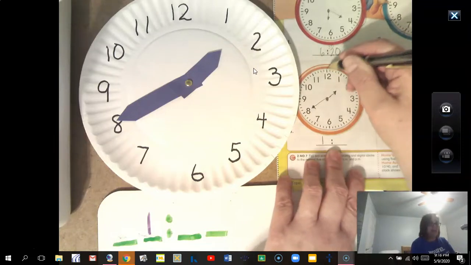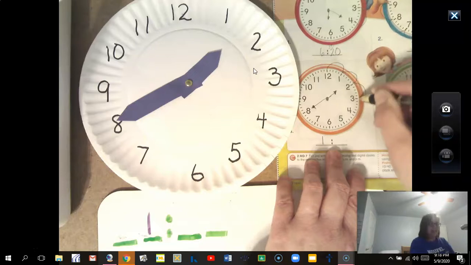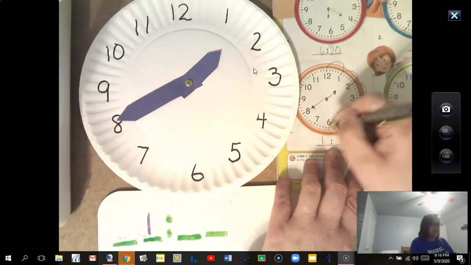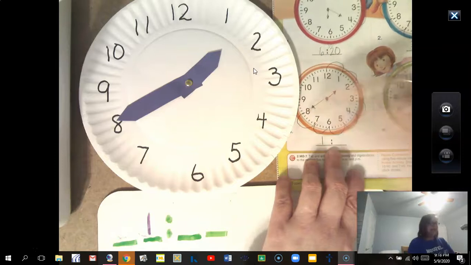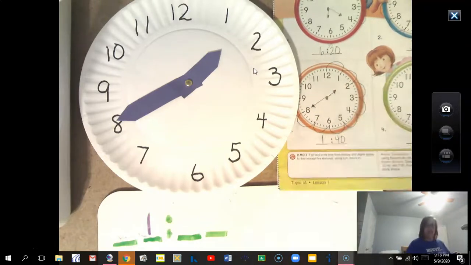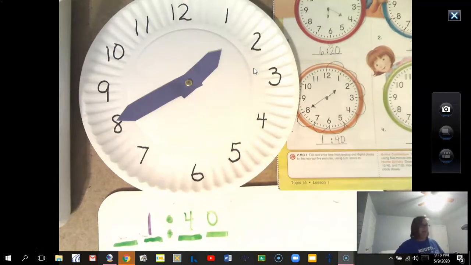So o'clock. 5, 10, 15, 20, 25, 30, 35, 40. So where did I end? At 40. So it's 1:40.